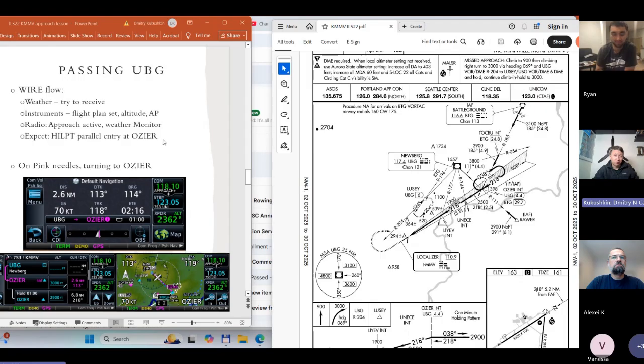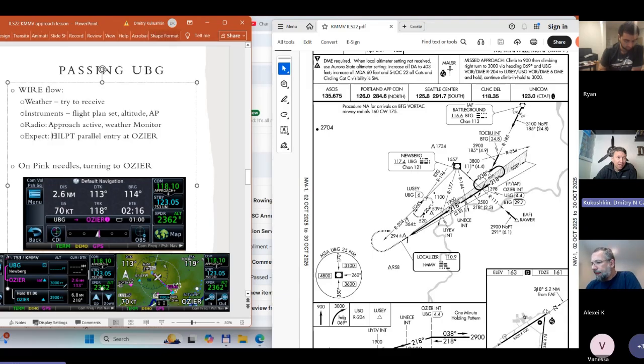Okay, so from that, next, we are passing Newburgh. We're running my favorite wire flow: weather, trying to receive; instruments, flight plan is set, altitude loaded, autopilot on if available; radio, you're talking to approach. And next you are expecting hold in lieu of procedure turn and parallel entry at Auger.